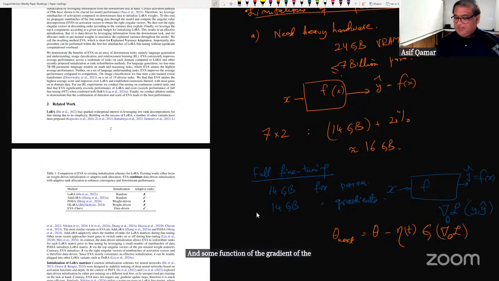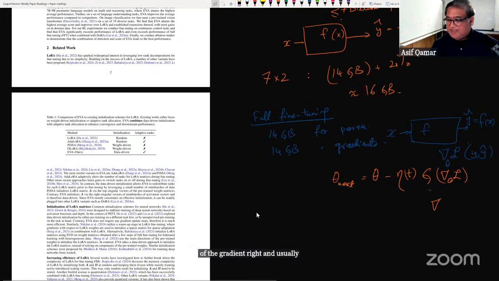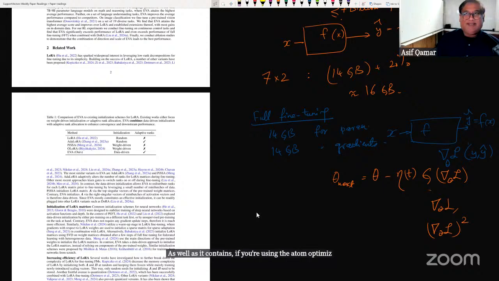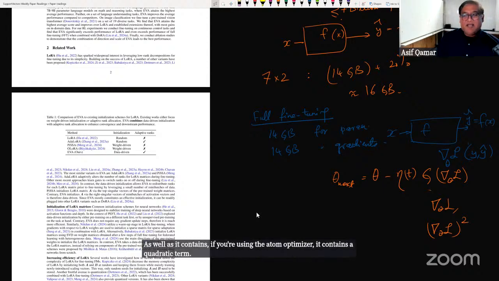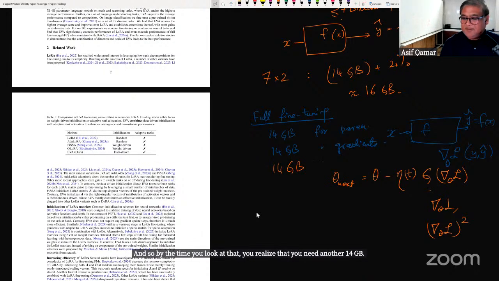So these days, you use a complicated function of the gradient, right? And usually this function contains the gradient term as well as, if you're using the Adam optimizer, a quadratic term, right? And so by the time you look at that, you realize that you need another 14 GB for quadratics.